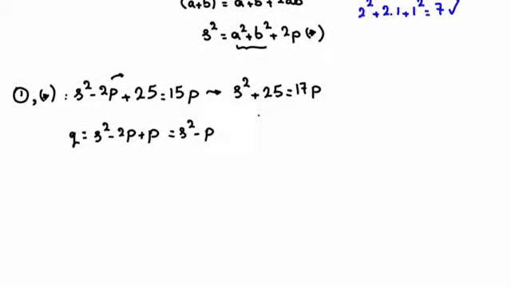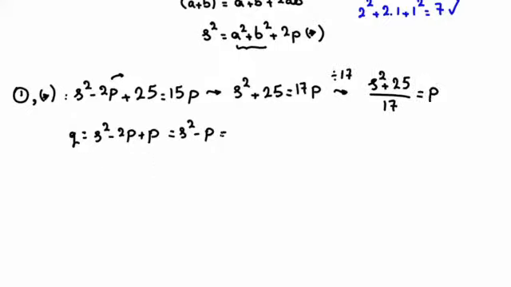Maybe you ask, how can we understand what we should replace in terms of the other one? You have time and you should check all of them. If you check s squared in terms of p, you won't reach any useful things. But if you find p in terms of s and replace in the other one, dividing both sides by 17, s squared plus 25 over 17 equals p.